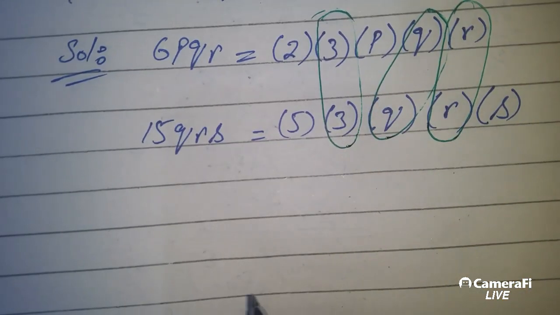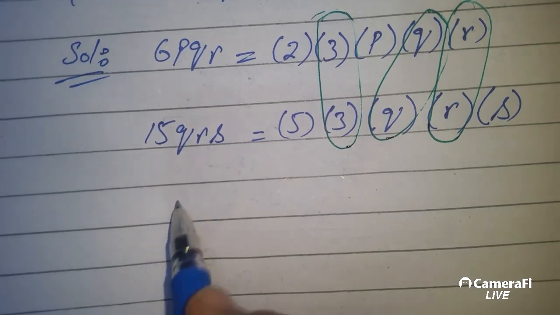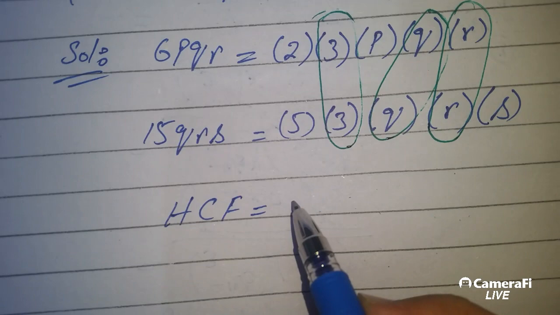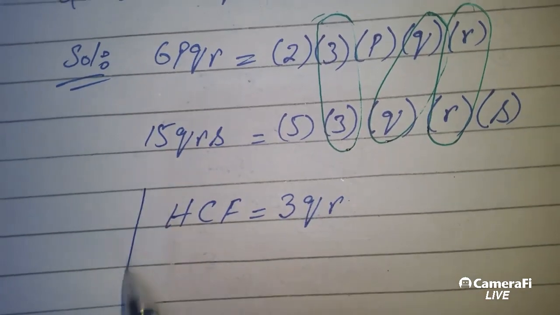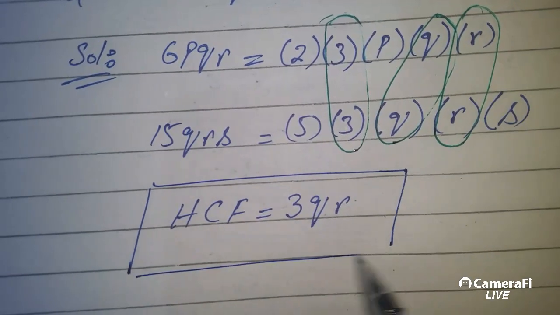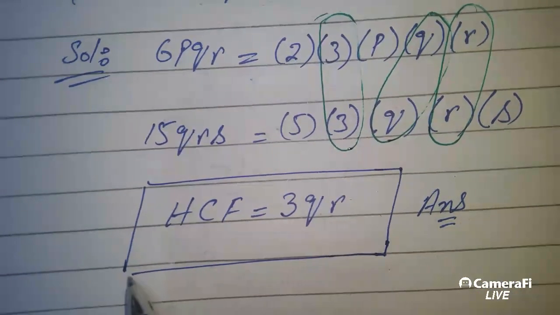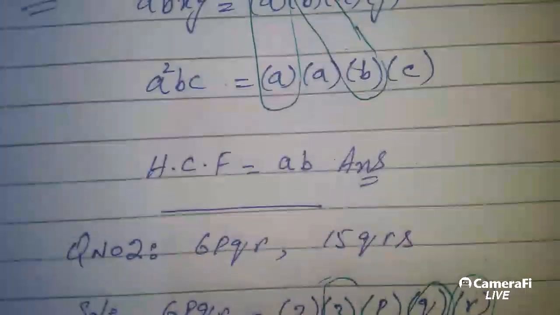So these 3 are the common factors, so the HCF is 3QR. This is the answer. Let's go to the next page.